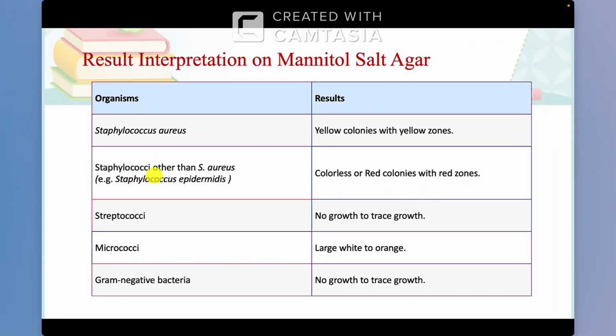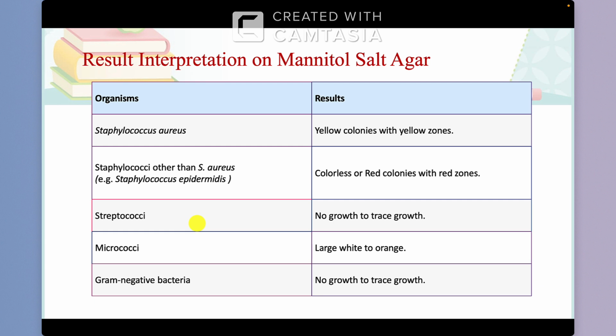Again, this table shows Staphylococcus aureus with yellow colonies and yellow zones. Staph epidermidis shows colorless or red colonies with red zones. Streptococci show no growth and no reaction, because Streptococci cannot grow on this media.